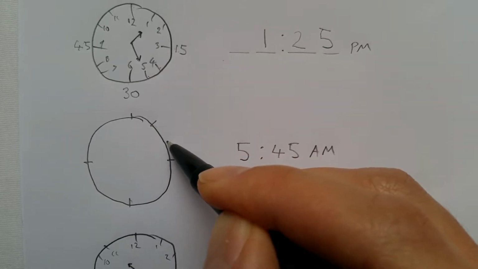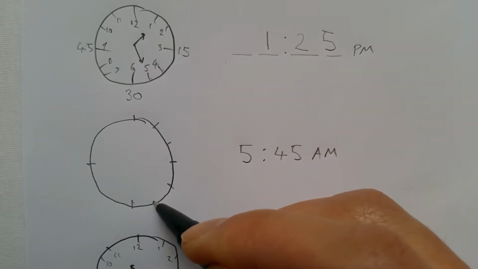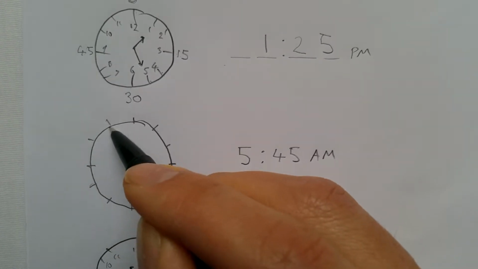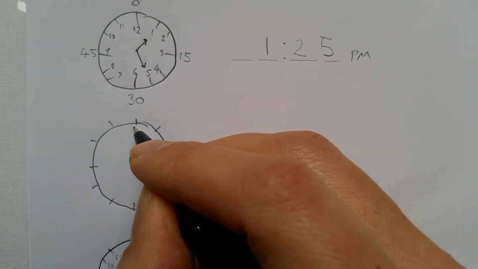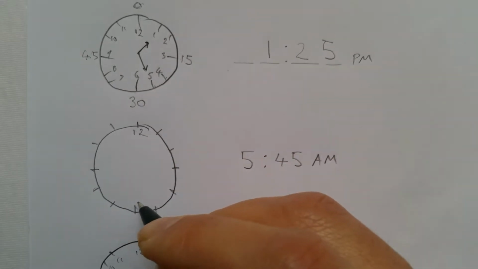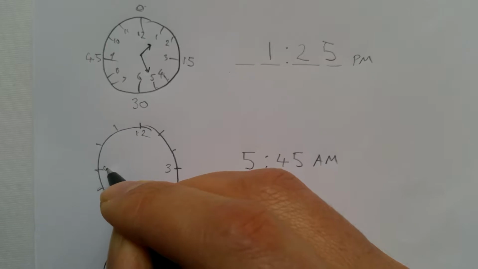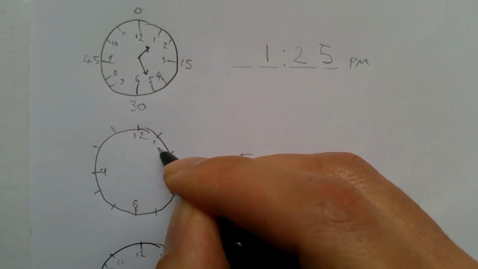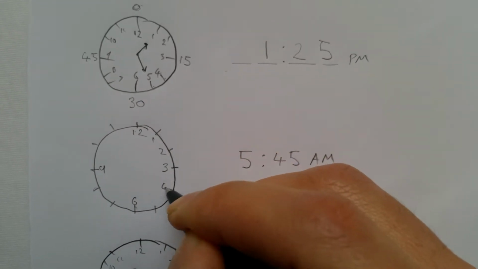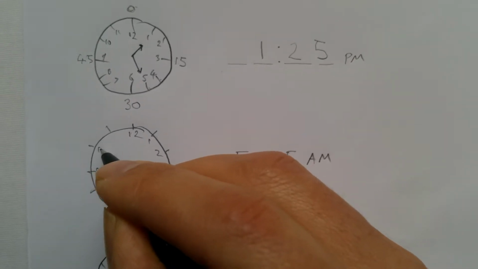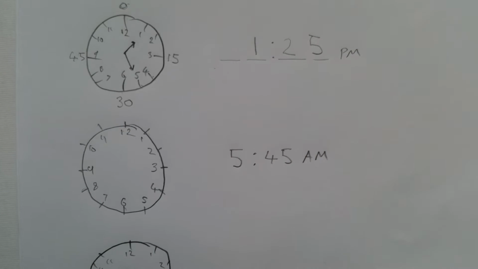So 1 there, 1 there, 1 there, 1 there, 1 there, 1 there, 1 there, 1 there. And I'll try and do this quickly. I'm going to label it 12, 6, 3, 9, and then 1, 2, 3, 4, 5, 6, 7, 8, 9, 10, 11.